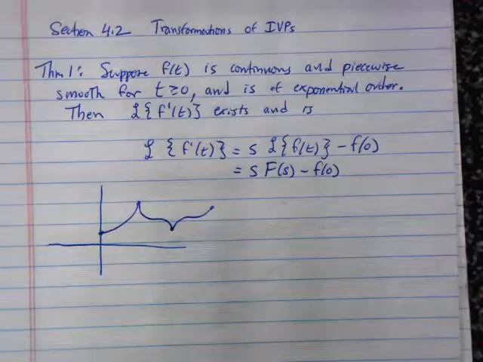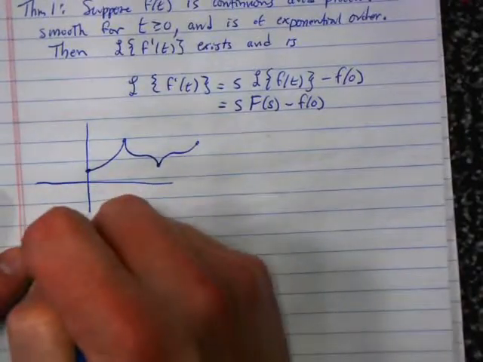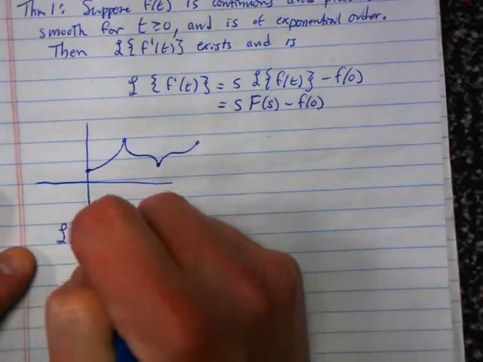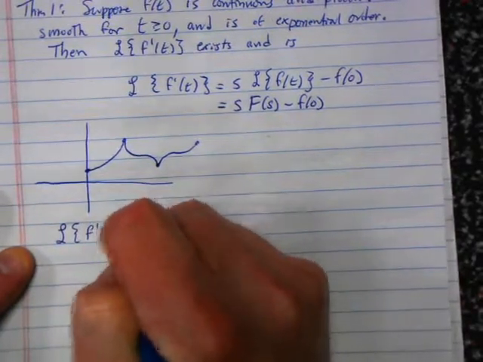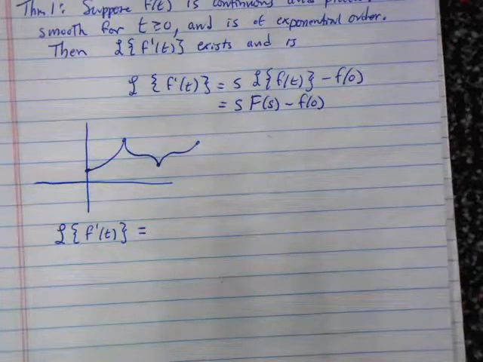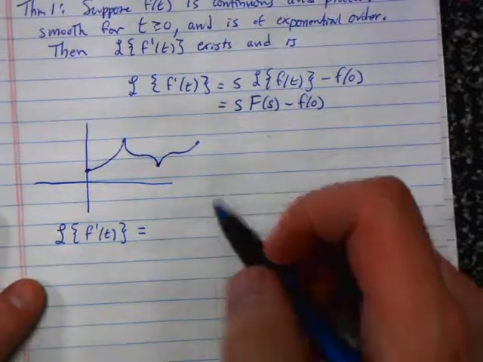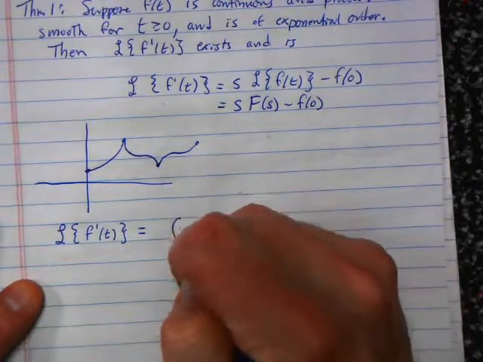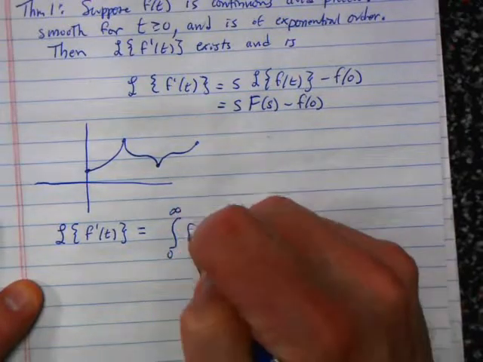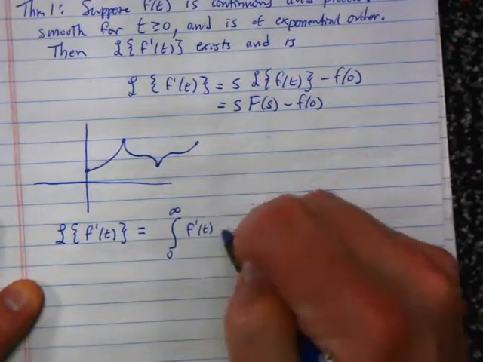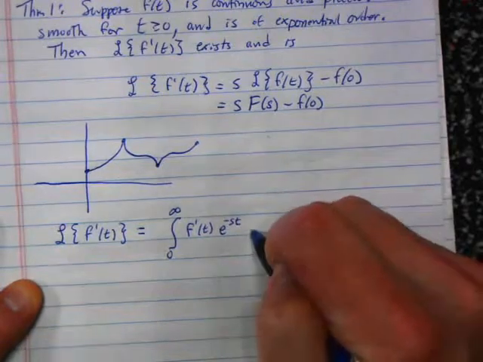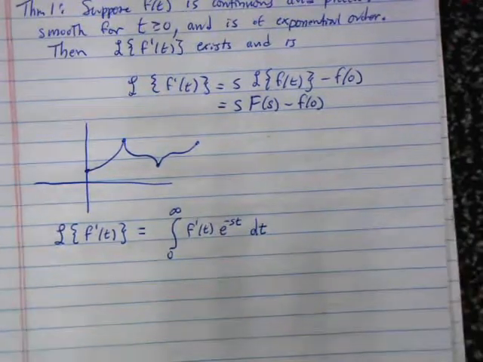Questions about that? All right, so here's the deal. The Laplace transform of the derivative, by definition, would be the integral from 0 to infinity of the derivative times e to the negative st dt.